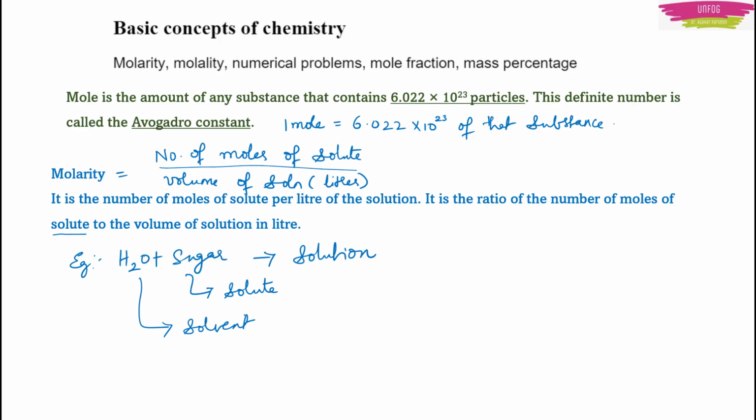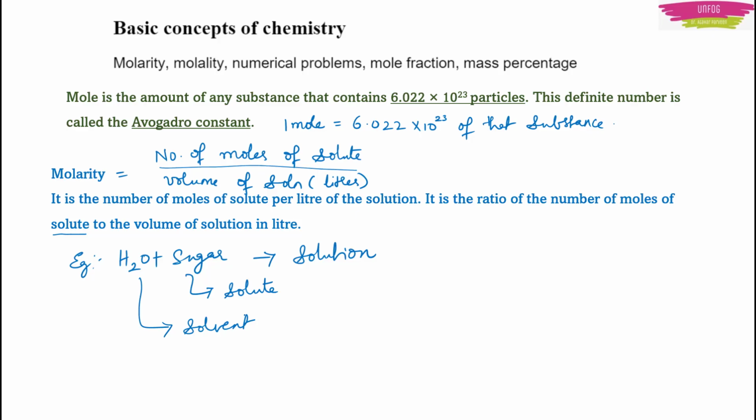The one which is allowing the solute to dissolve in it is called solvent. So if you have water and you are dissolving some sugar in that water, then you are getting one solution. In that solution, the sugar is known as solute and the water is known as solvent. If you remember this example, then you can remember these three words also. This is the best trick to remember these things.